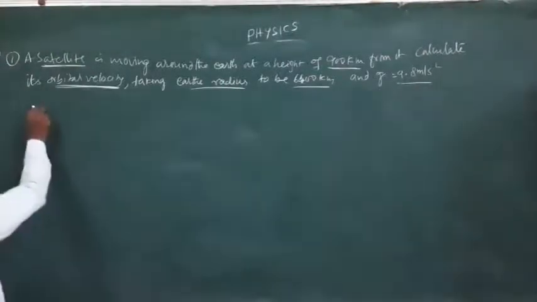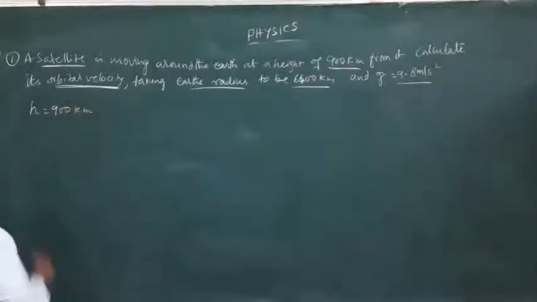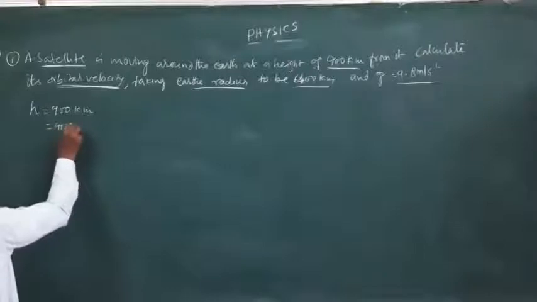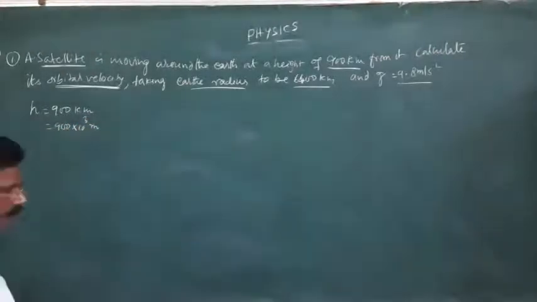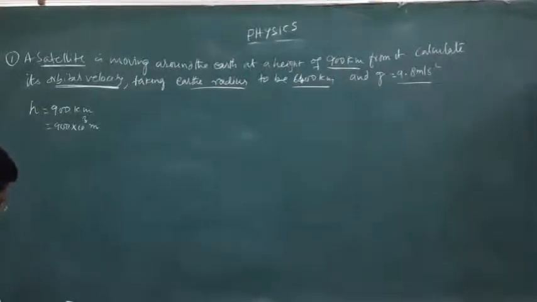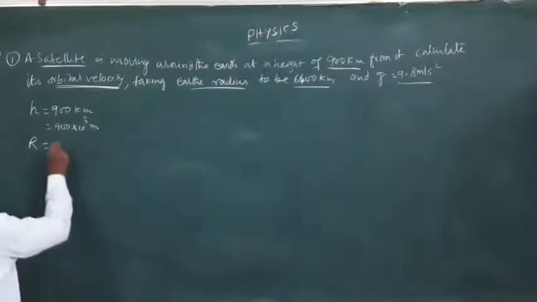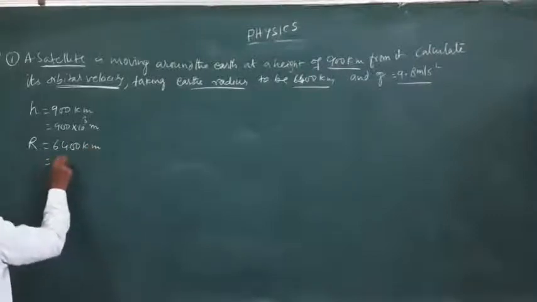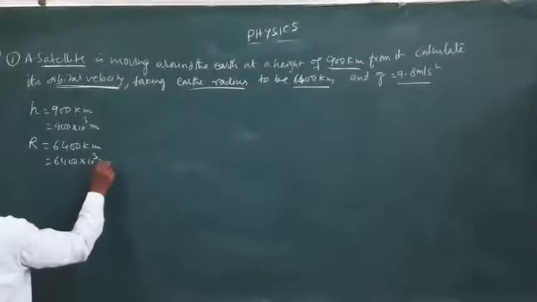Let me write all these values here. h is equal to 900 kilometers, that means 900 into 10 to the power of 3 meters. And R, capital R, the radius of the earth, is equal to 6,400 kilometers, that means 6,400 into 10 raised to 3 meters.